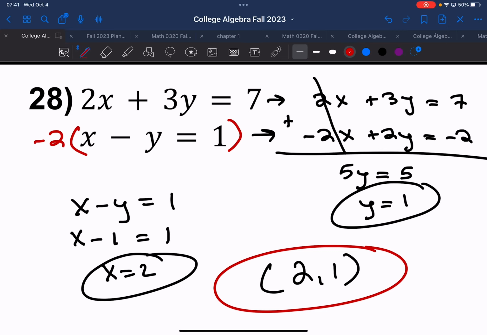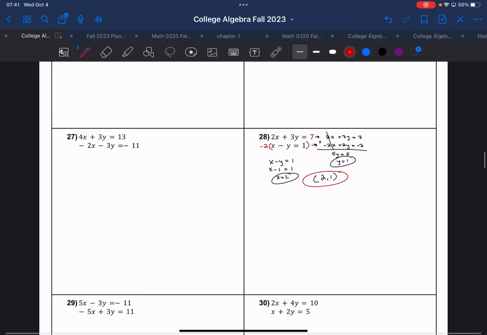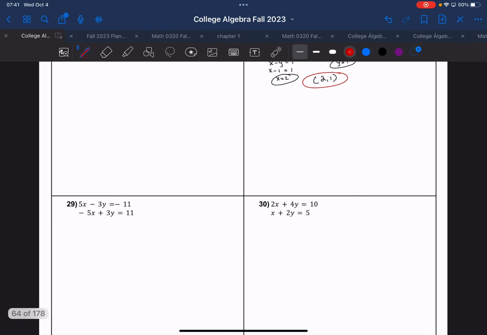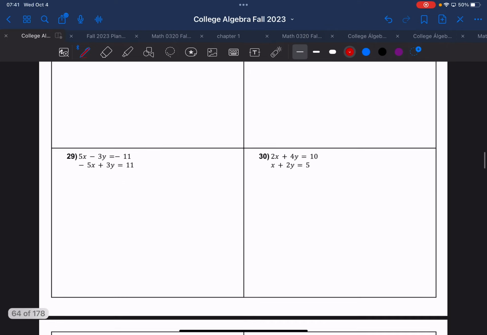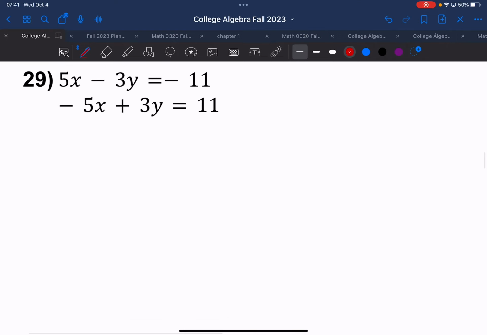Okay, let's go ahead and do one more problem. Let's look at this one, because even though it looks simple, something's going to happen here. What do you notice about the x and y variables? Everything will cancel. 5x minus 5x becomes 0.